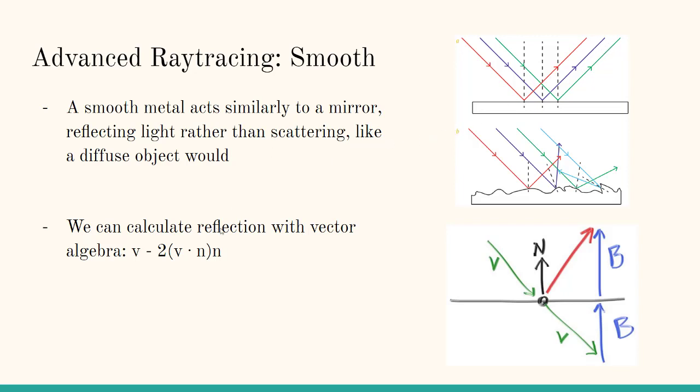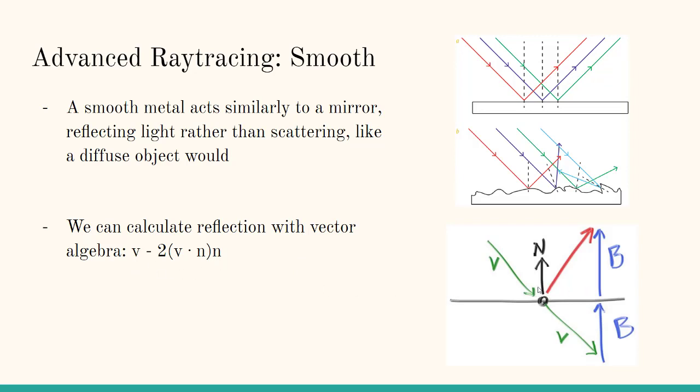So we can also calculate how light would reflect off a mirror object. And we can use some vector math to calculate that reflection, which is what this formula is here.